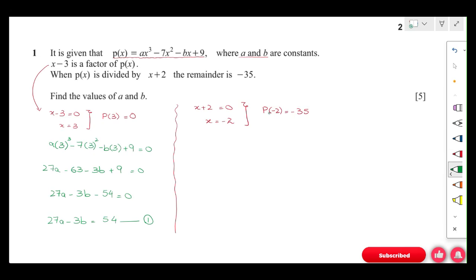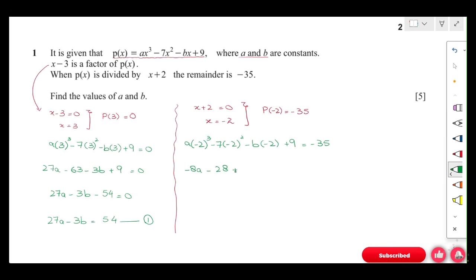In the polynomial, just replace the x value with negative 2. So a, x value is minus 2 whole cube, minus 7 times minus 2 whole square, minus b times minus 2, and plus 9, that is equal to negative 35. So minus 2 cube is negative 8a, 2 square is 4, and 4 times 7 is 28, so negative 28.